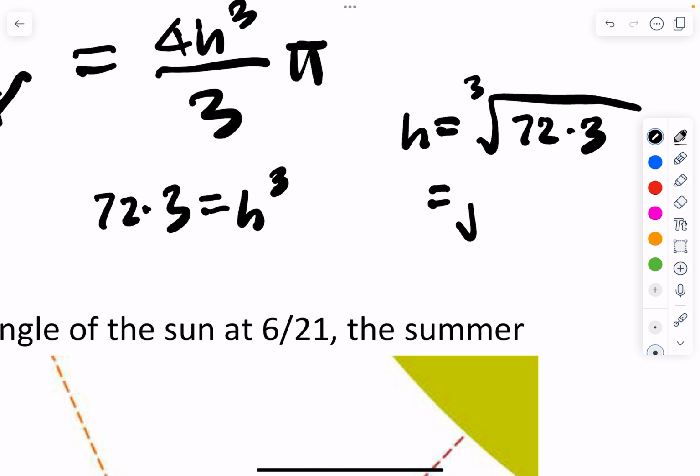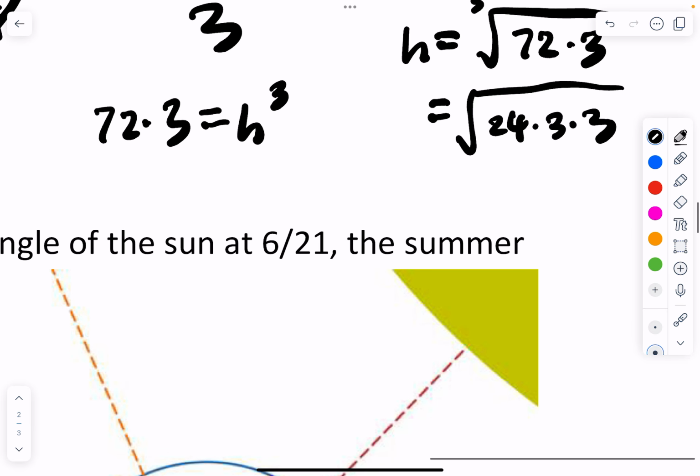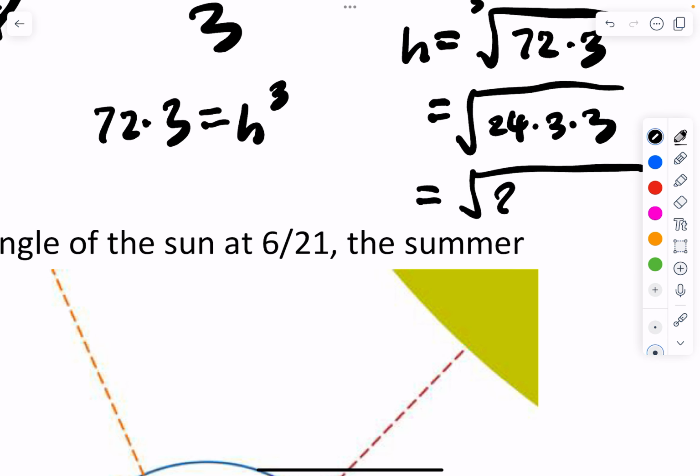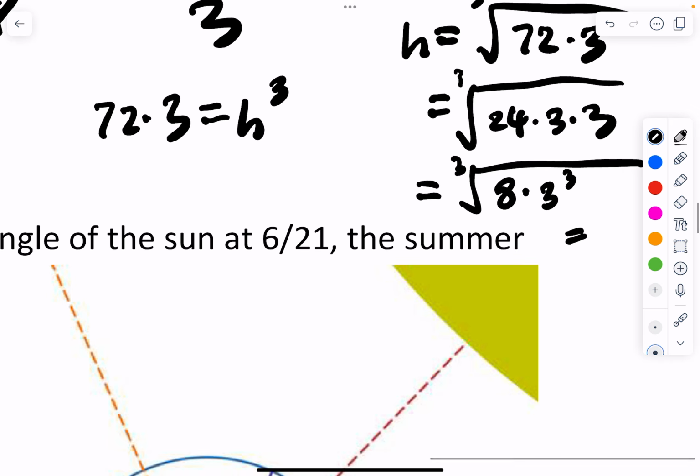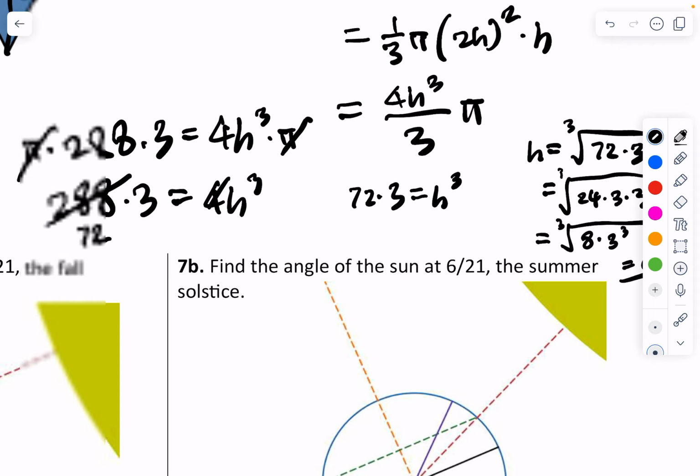And then as 72 is equal to 24 times 3, which is equal to 8 times 3 cubed, this simplifies perfectly to a whole number where you get 6, right?